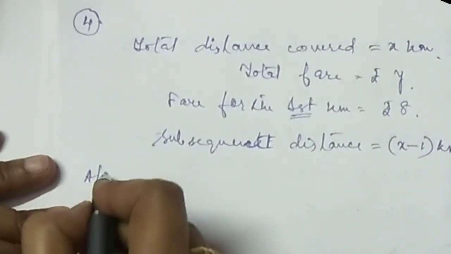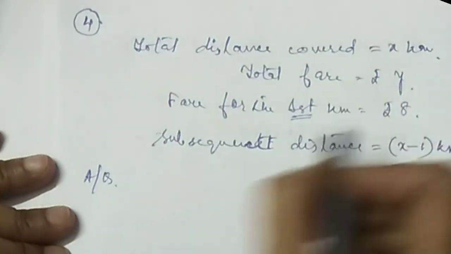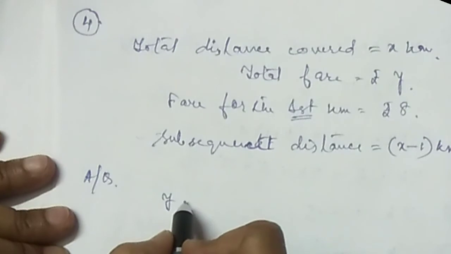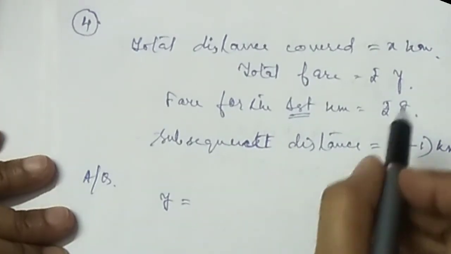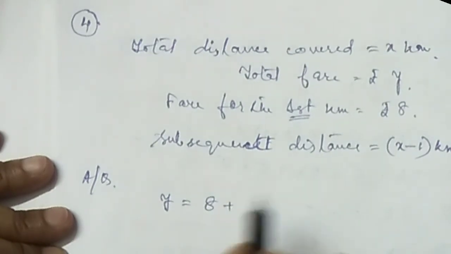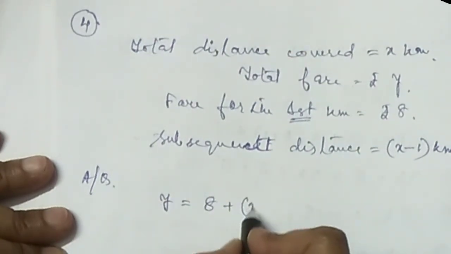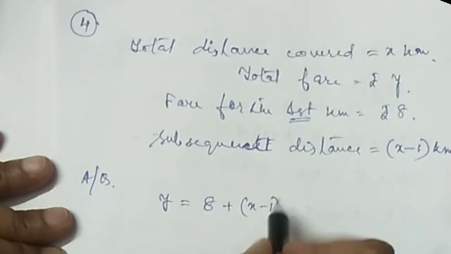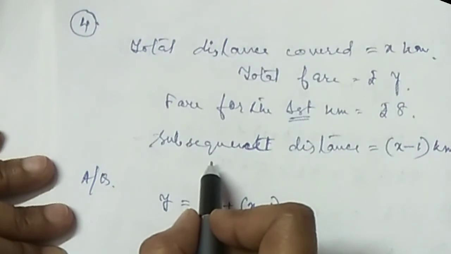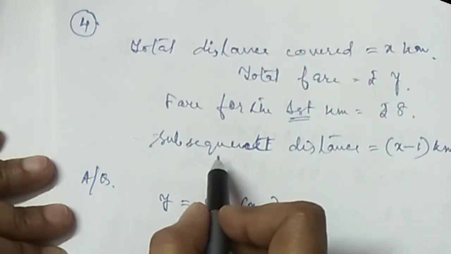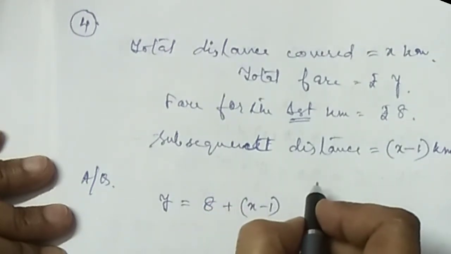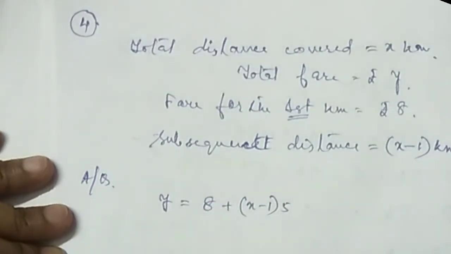Now according to the question, in the first kilometer the total fare is y, okay, total fare is equal to, in the first kilometer 8, then for the subsequent distance x minus 1, and for the subsequent distances it is rupees 5, so it will be multiplied by 5.